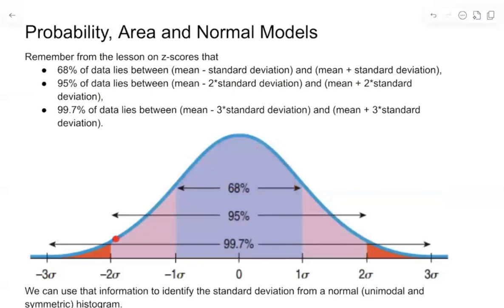And then if we add on these two pink wings on either side and we go from -2 standard deviations to +2 standard deviations, that gives us 95% of the data. And if we go out -3 to +3 standard deviations, we're going to get 99.7% of the data. So now we're going to practice drawing a normal curve and using this information to calculate some probabilities.